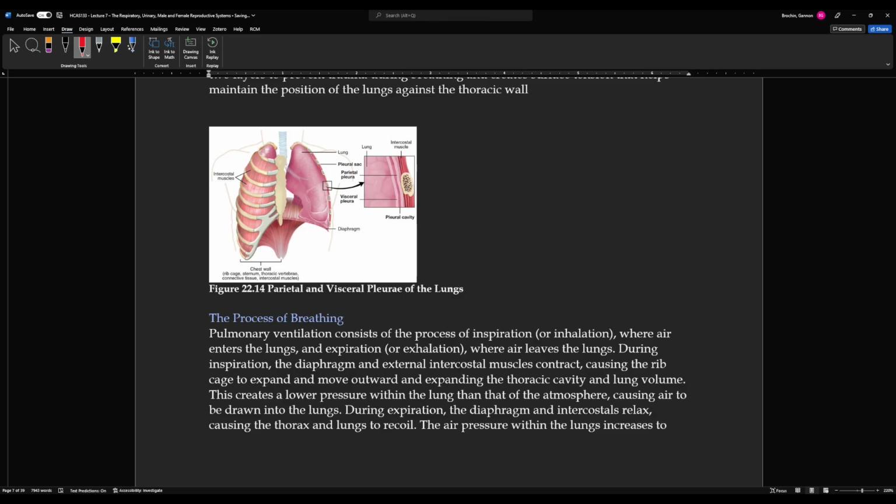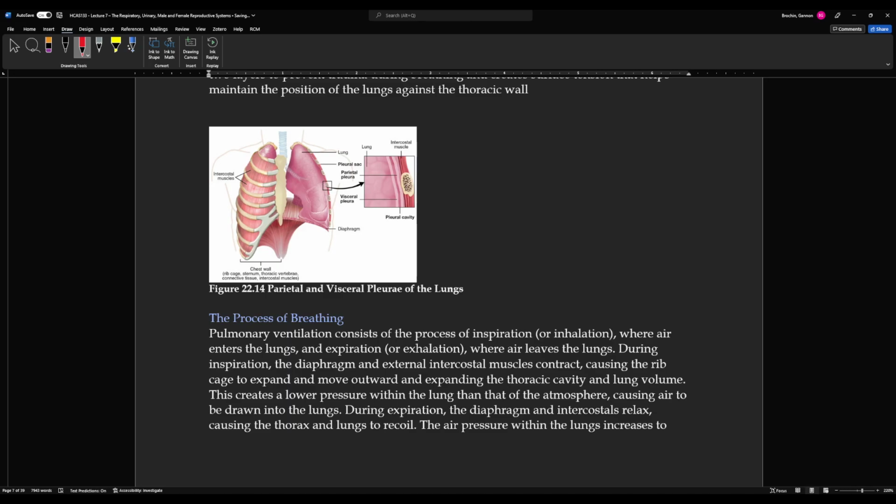And this is important because the lung actually sits there, and there's a minor pressure gradient differential between the lung and the outside environment. Very minor, but incredibly important for the ability of the lung to expand passively. So when the lung is given more space, when the diaphragm moves down, air will actually come from the external environment into the lung.